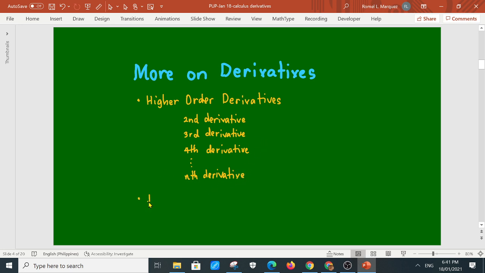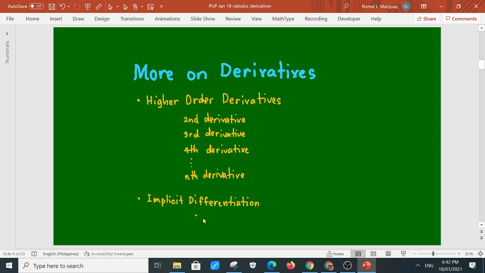Then, implicit differentiation. We apply implicit differentiation if your dependent variable is not isolated, meaning, for instance, y is not expressed in terms of x. If you want to get the derivative of the function in a given implicit relation, we have to apply implicit differentiation.